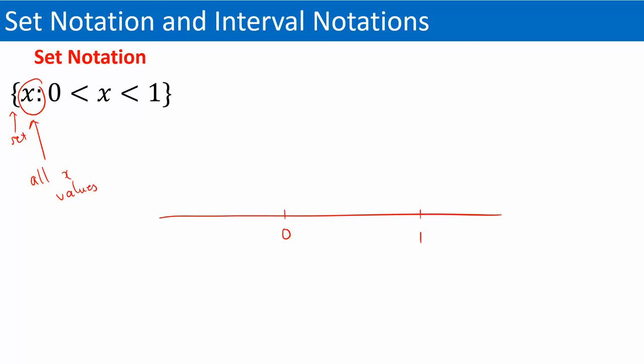It says bigger than 0, and it doesn't include 0. So I want every number you can think of between 0 and 1, except for 0 and 1. So I don't have a 0 and I don't have a 1, but I have anything in between. That's my group of X.